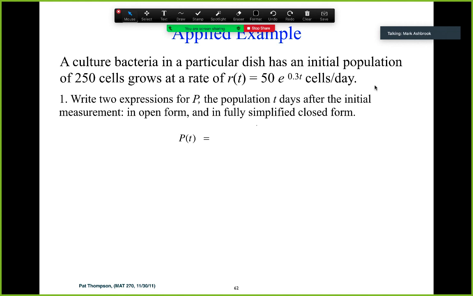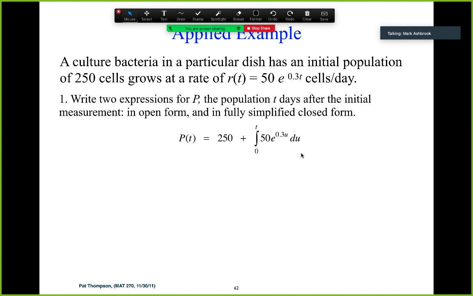In open form, that's our integral. Now we actually want t to be the independent variable of the function, so instead of using t here, I need to use something else, so I chose u. Okay, so this is familiar, right? Everything from before plus net accumulation of changes in population.